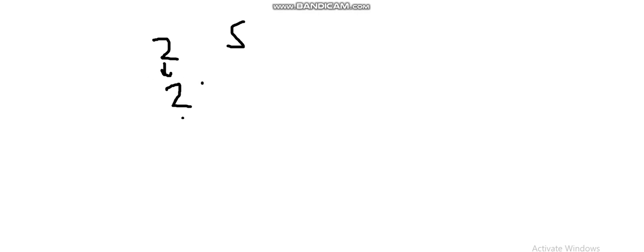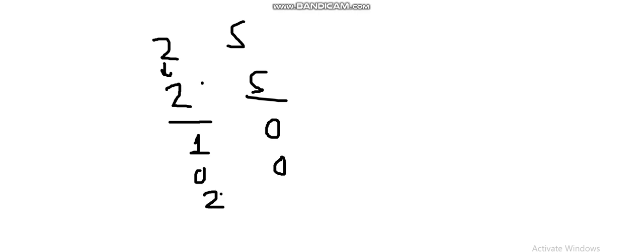So this is the number of twos and this is the number of fives. For 2 the number of twos is 1, and in 5 it is 0. For 3 it is 0, 0. For 4 there are two twos and 0 fives, and for 5 it is 0 twos and 1 five. So the number of twos is 3 and the number of fives is 1.